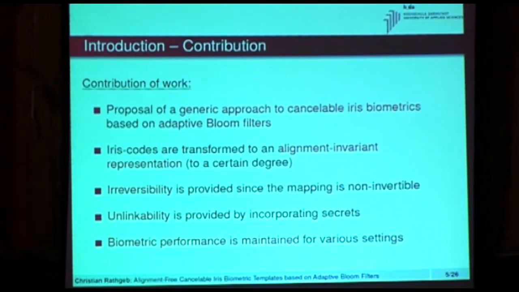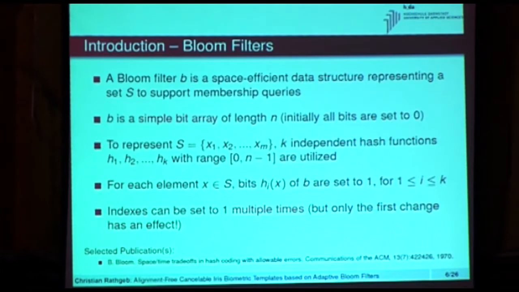So the contribution of this work is the proposal of a generic approach to cancelable iris biometrics based on adaptive Bloom filters, where in the proposed scheme, iris codes are transformed to an alignment-invariant representation, where irreversibility is provided by the Bloom filter-based transform and unlinkability is provided by incorporating application-specific secrets. At the same time, biometric performance is maintained for various configurations.